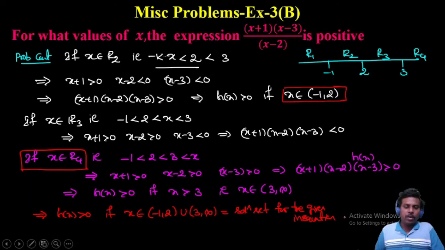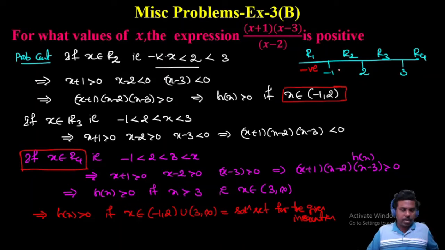so this is how one can tell the expression is positive or negative. And you can observe one more thing here. See, if I write the sign here, in this region, the expression is negative. In this region, it is going to be positive. In this region, it is going to be negative.